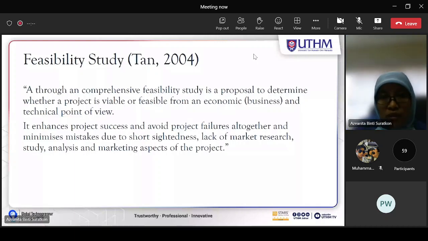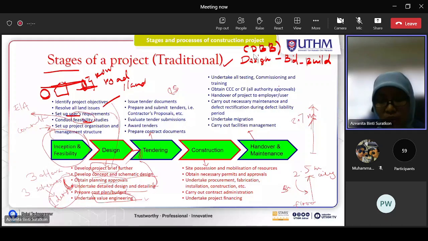So at the next stage, the contractor will buy the tender documents, so they need to prepare and submit the tender. All this is called the contractor's proposal. And then the contractor will submit their tender document.